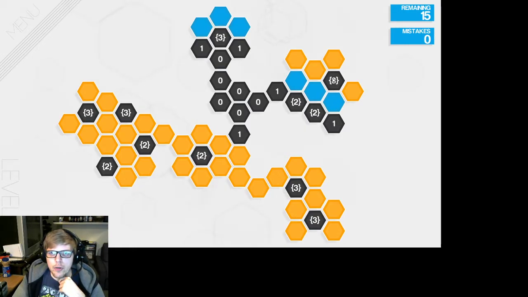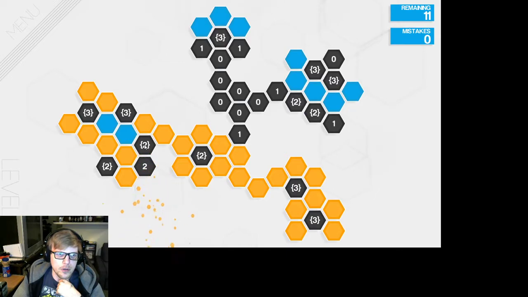We have a 3 in curly braces, so it's either these 3 or these 3. So this one can't be. We have a 0, so it needs to be this one for this 3, and then this 3 requires this hex to be blue. From this 3 we have here, this 3 allows us to know that it's either these.